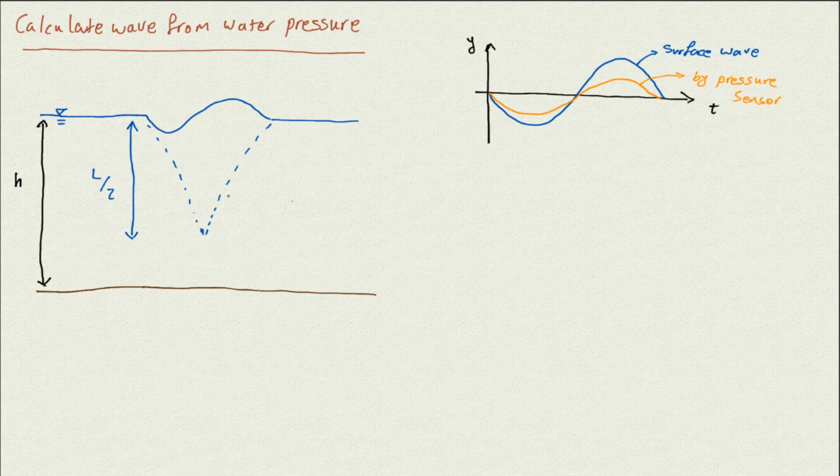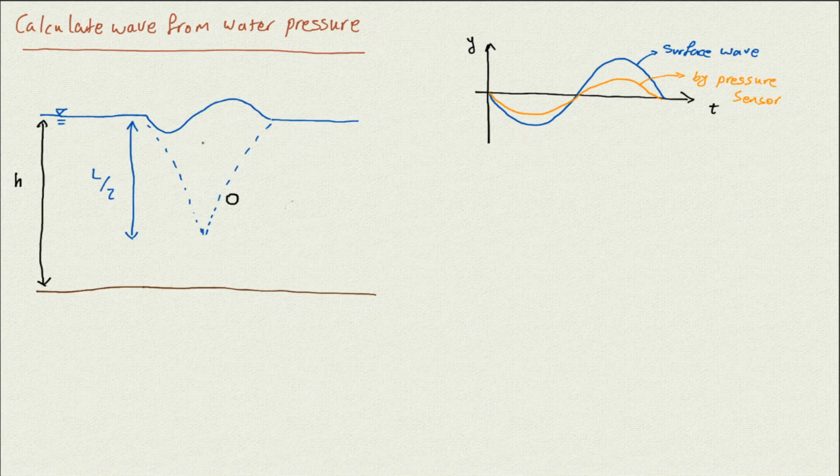This is the pressure sensor we have, it sits there, and everything measured by the pressure sensor is different from the actual value. I'm going to give it a prime notation. Assume this is the depth that we have.